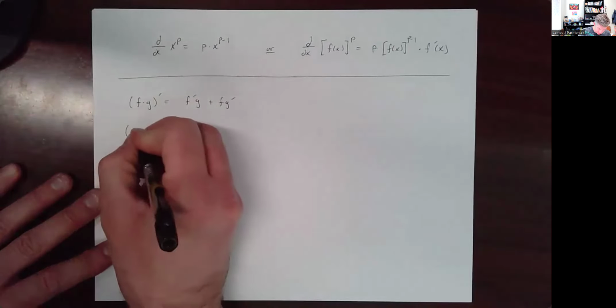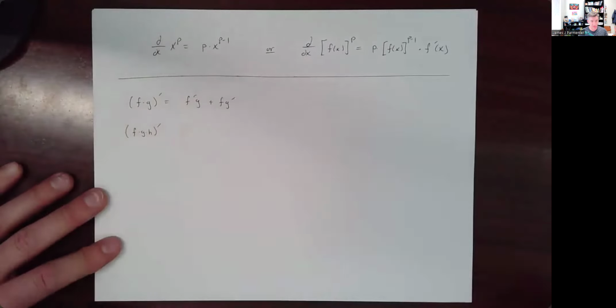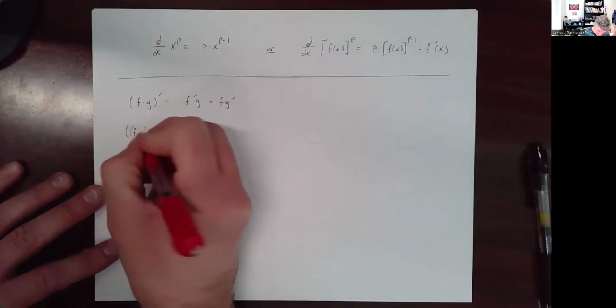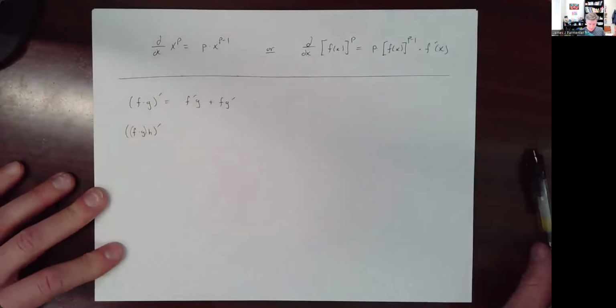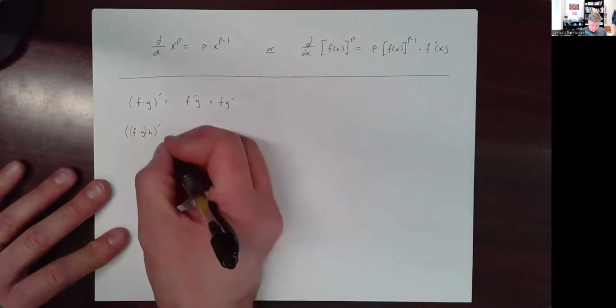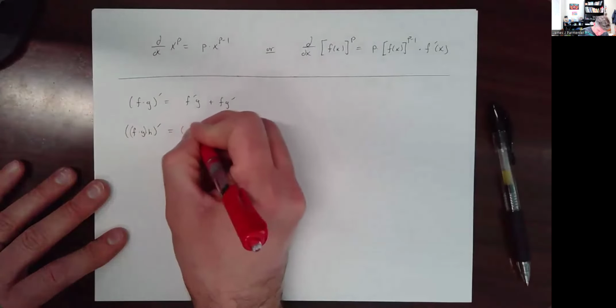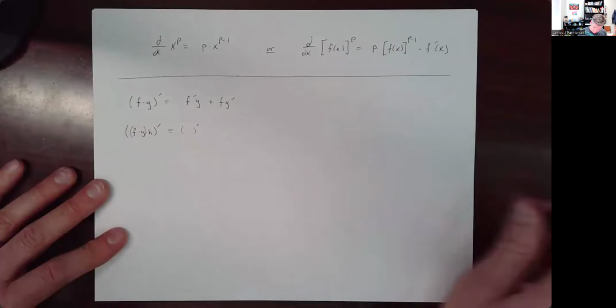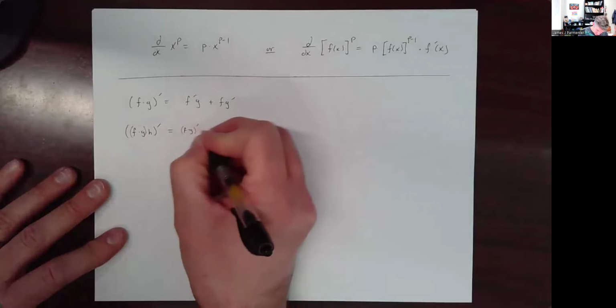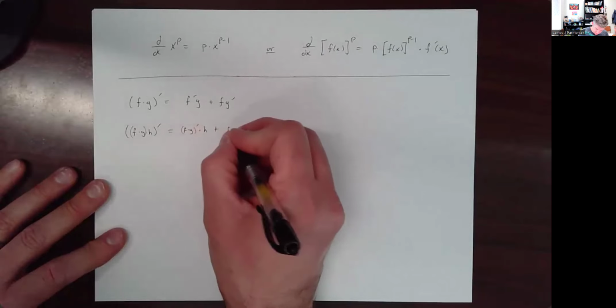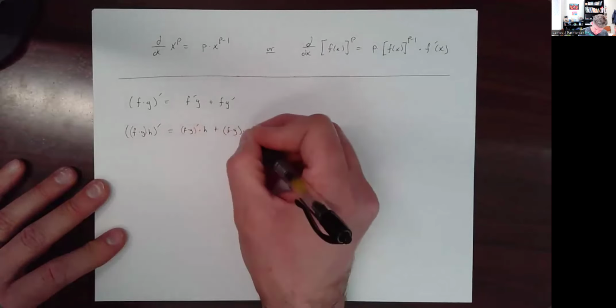So if I did the product of f times g times h, I can think of f times g as the first thing and h as the second thing. So the product rule says it's the derivative of the first thing times the second thing, plus the first thing left alone times the derivative of the second thing.